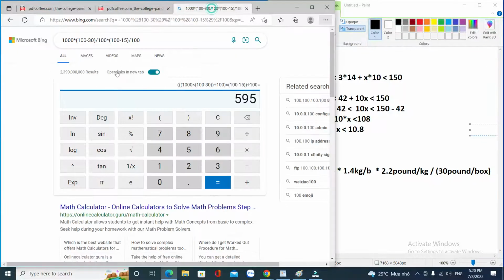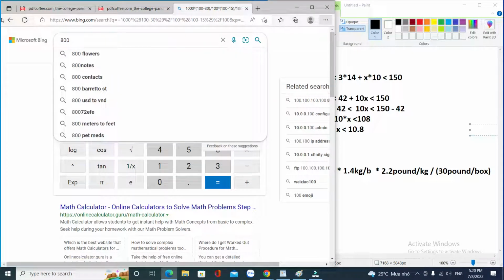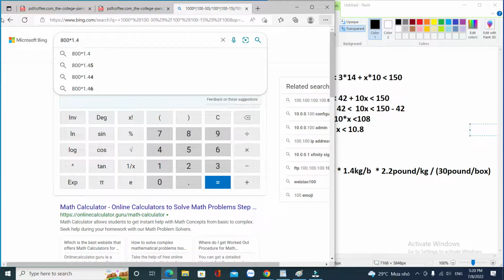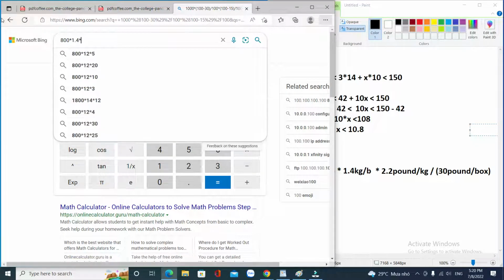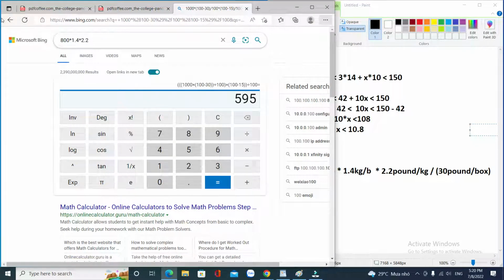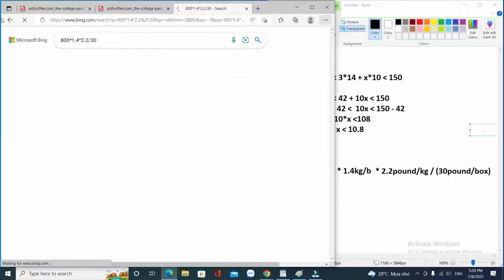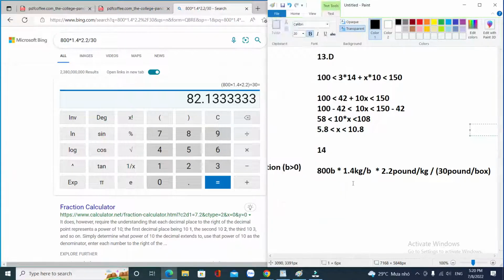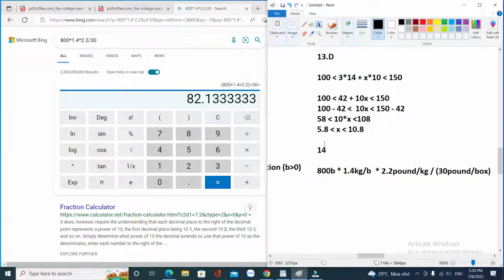So let's fill in. That is 800 times 1.4, times 2.2 and divided by 30. So it's 82.